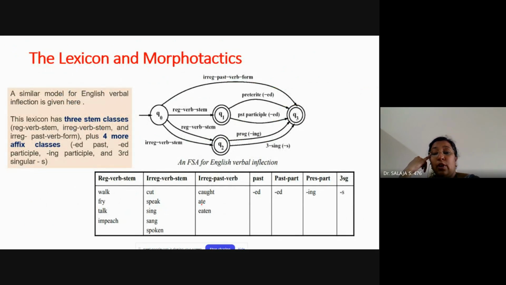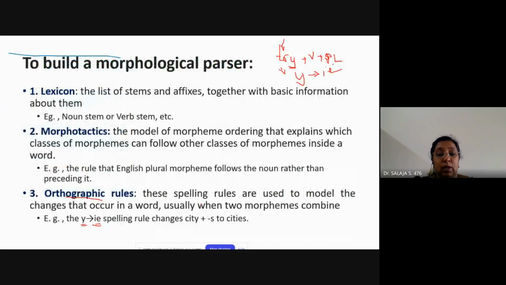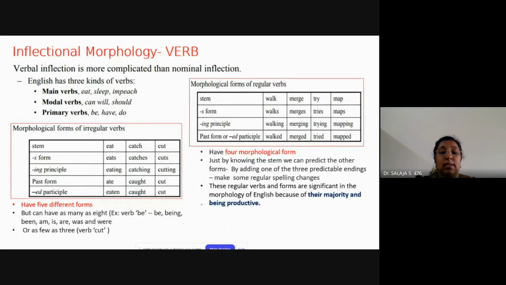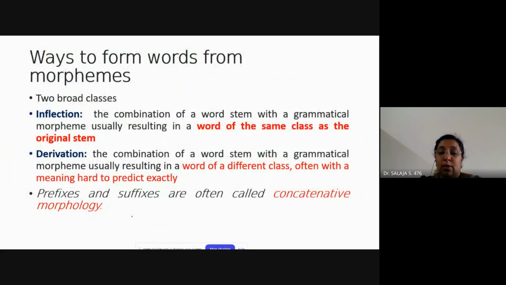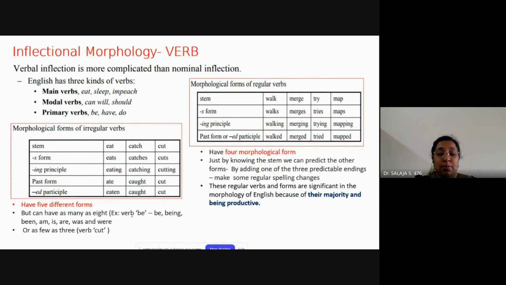Now we'll move on to the verb. This is where we take the regular verbs from. Regular verbs, you have the stem, and you can either have an s form, an ing form, or a past and past participle.